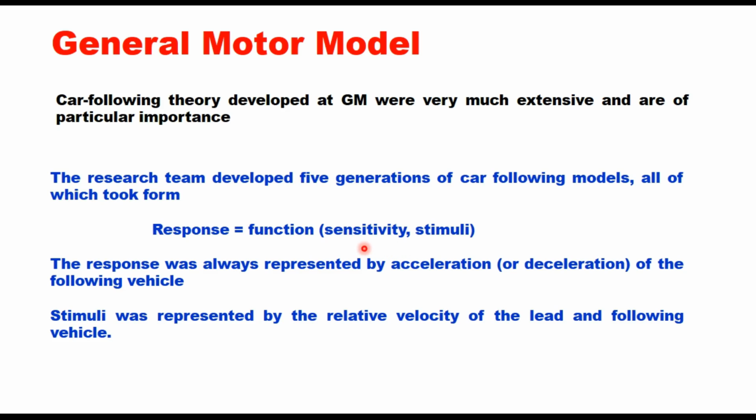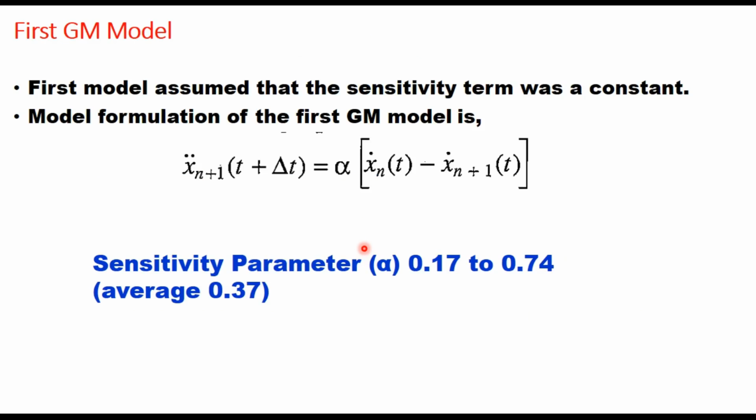And there is a sensitivity parameter. So the first GM model assumed the sensitivity term was constant, that is alpha. So the acceleration of the following vehicle at time t plus delta t will be given by the speed difference between the leader and the following vehicle at time t, multiplied by a sensitivity parameter alpha.